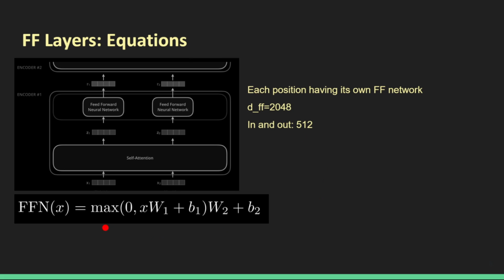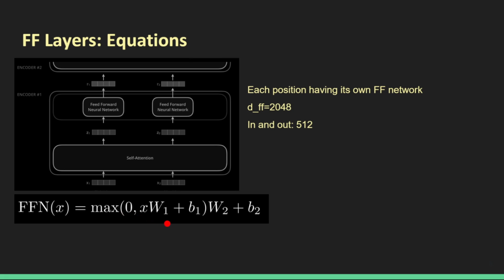Formally, what happens is your input goes through two linear transformations with a nonlinearity in between. Your input gets multiplied by a W1 with an additional bias term, then goes through the ReLU nonlinearity: for values smaller than 0, it outputs 0.